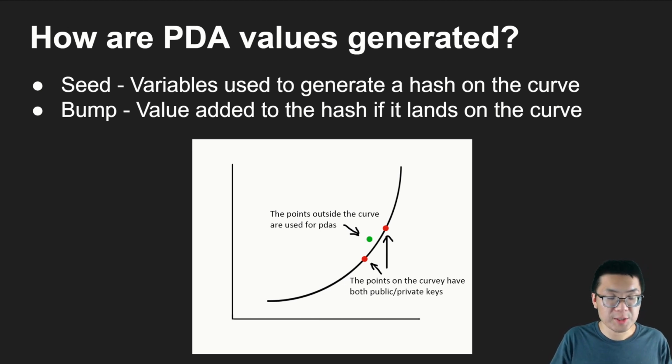And so how are PDAs created? We have a concept of a seed, which are essentially just random variables that are used to generate a hash on the curve. So think of it like the hash map or hash function that you've worked with in programming. And then of course we have a bump, for the case where our seed ends up on the line. If it's on the line, we just use the bump value to move it off the line.